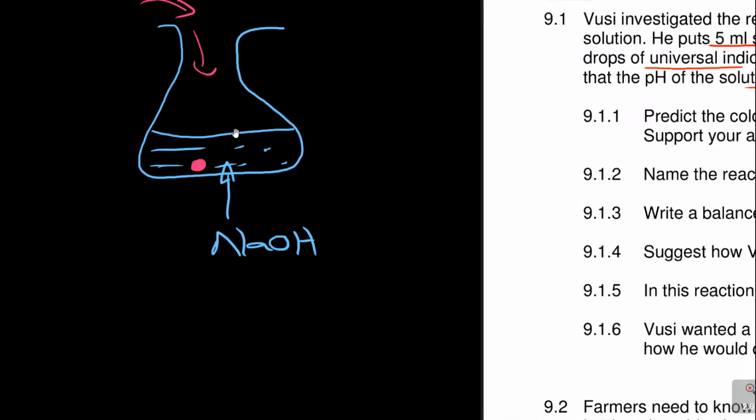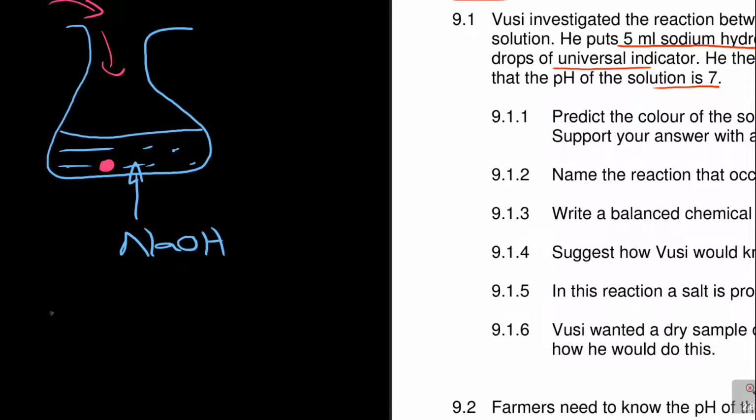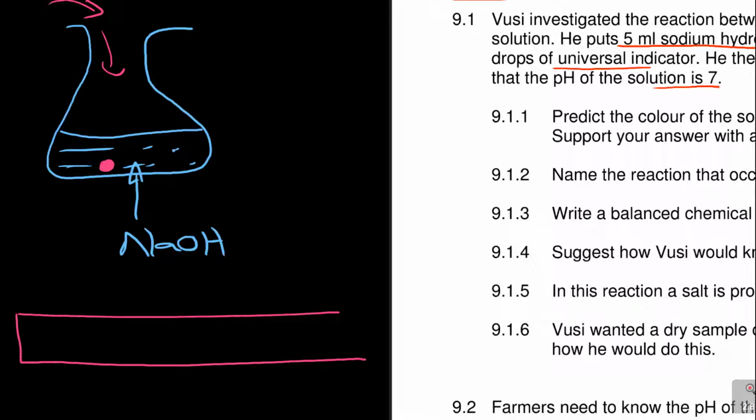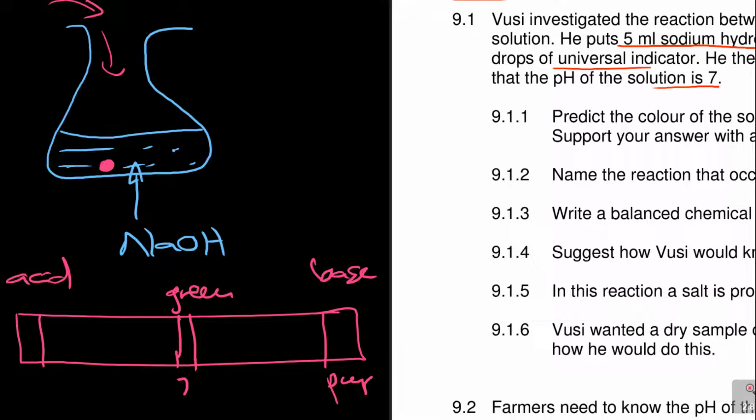Because it's sodium hydroxide, remember the pH scale, as I did in the center, we said it's 7. What color is it? It's green. And then the extremes here, this is acid, this is alkaline or base. So here it's purple, and this side it's red or orange. So what color do you think it will be? This will become purple.